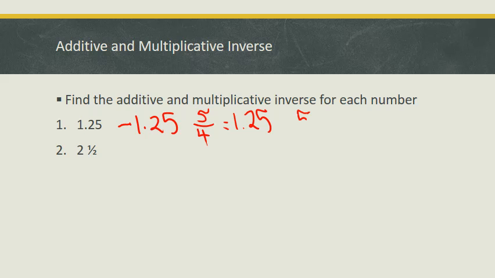So if I take 5/4, which is the rewriting of 1 1/4, times 4/5, well, that's going to equal 1. And if I were to rewrite this 4/5 back into decimal form, or if I divided 5 into 4, then I would get 0.8.